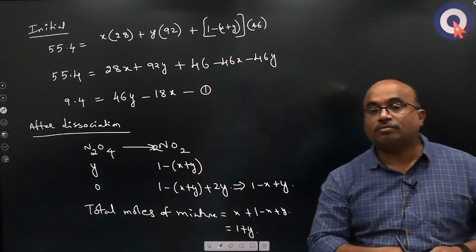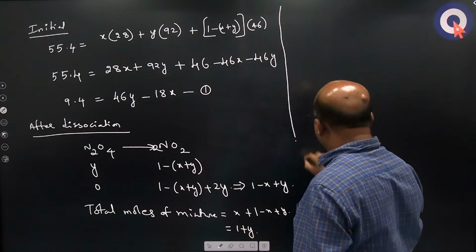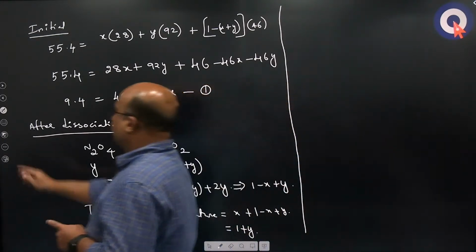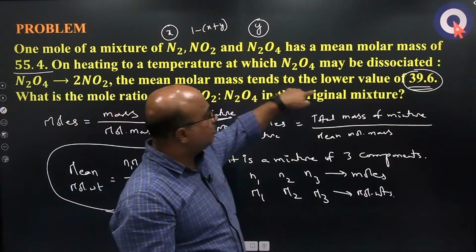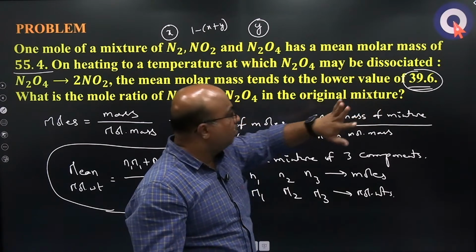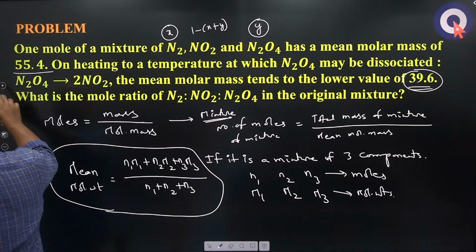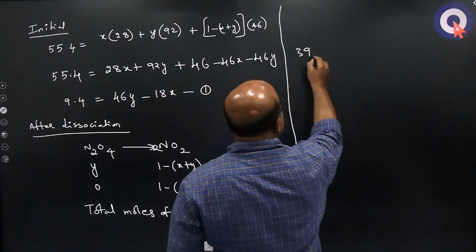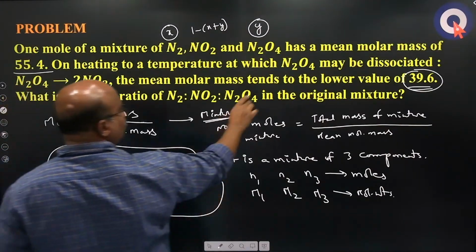Clear? Now taking this and equating it to the second relation that is given, the mean molecular mass lowers to the value of 39.6. So let us write that now.